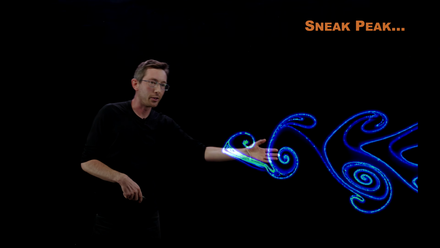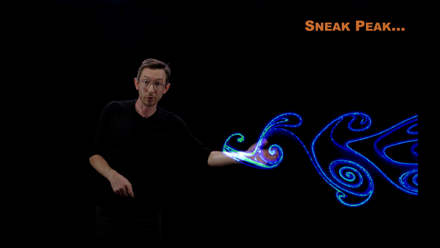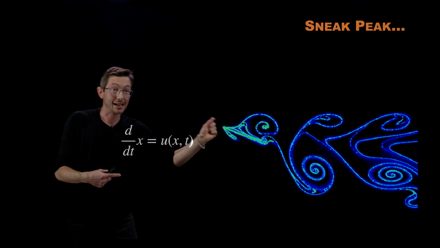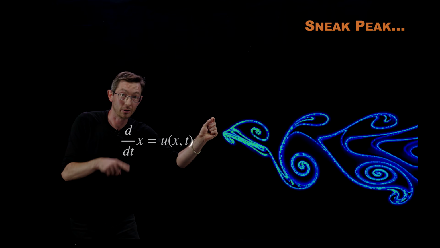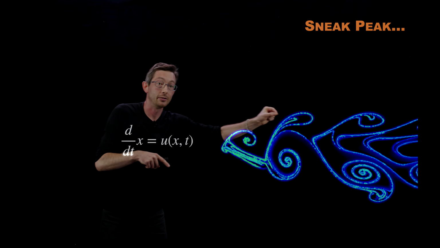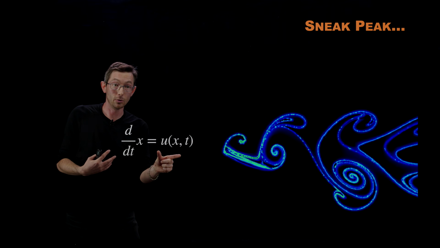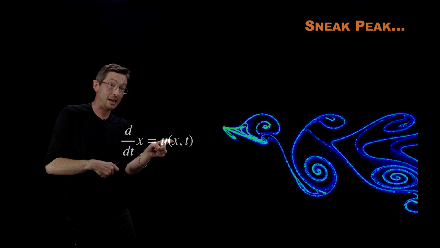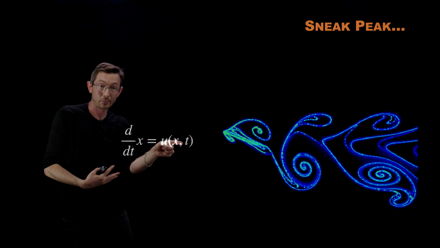Another one, I'm going to show you how you take a fluid flow like this, how you write down the differential equation. Let's say I have a little particle here. I drop a little dust particle x, and it moves around in this fluid flow field u. So u is literally a velocity field, a vector field that varies in space x and in time t.